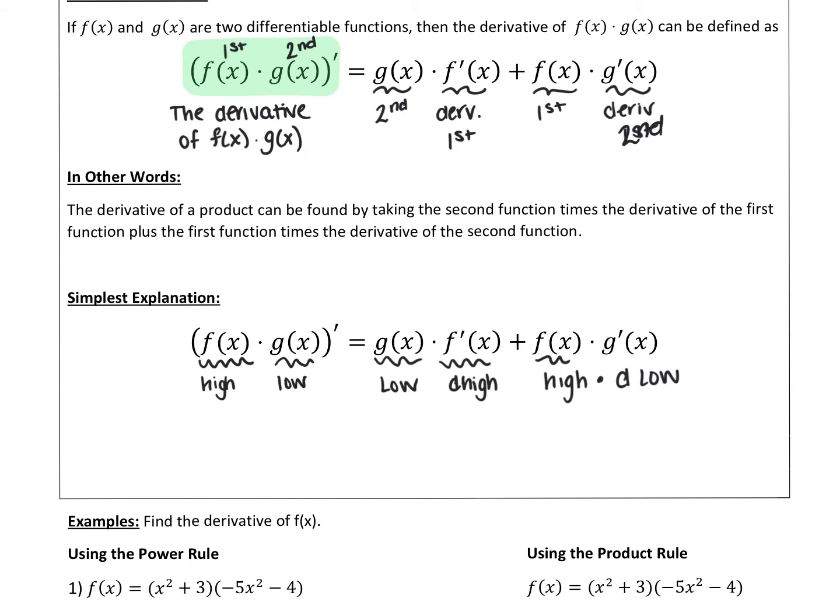So it's a little bit of a rhyme: low d high plus high d low. The d stands for the derivative. So low function, which is my second function, times the derivative of the high, or the derivative of the first, plus high d low. It has a nice little ring to it, and we're going to use this same ring for the next type of derivative function. So let's try to get used to that.